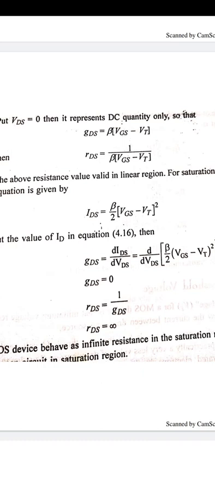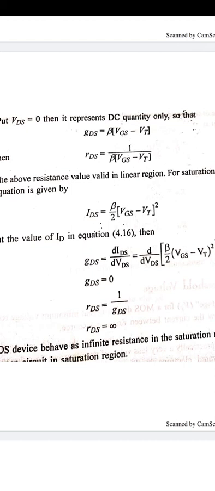According to that, before the pinch off it works as a linear region where the resistance value changes as we increase the drain to source voltage, and accordingly we get the drain current. But after the pinch off value it acts as a closed switch in the linear region. And after the pinch off value, when we calculate the drain resistance, the curve is basically straight with respect to VDS and IDS.